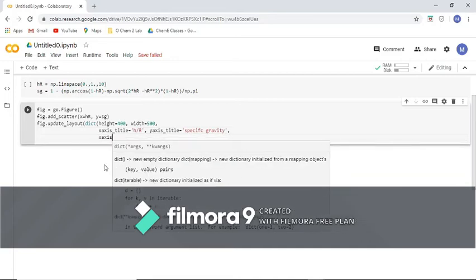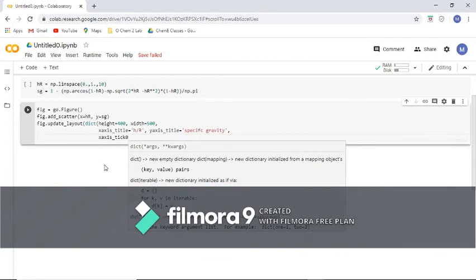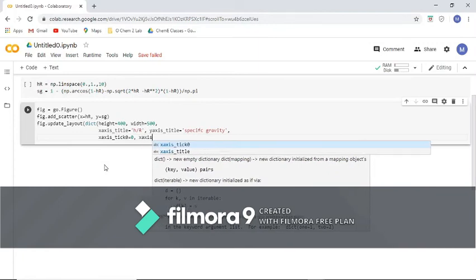This next part is going to make our tick marks for our x-axis start at 0, and they will then increment by 0.2.